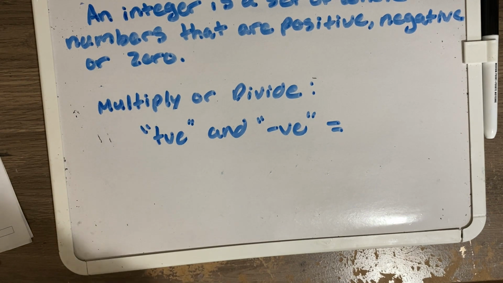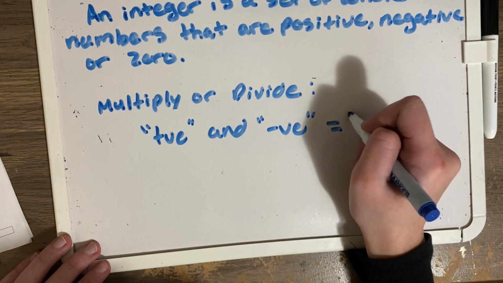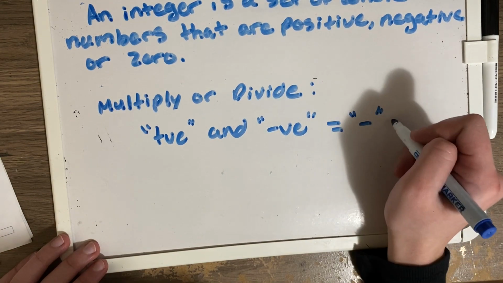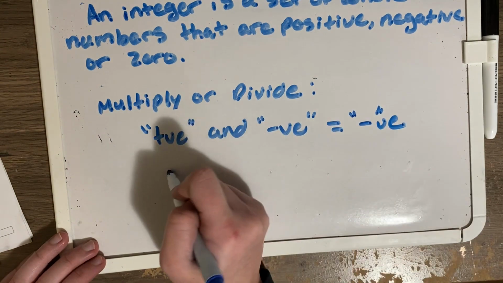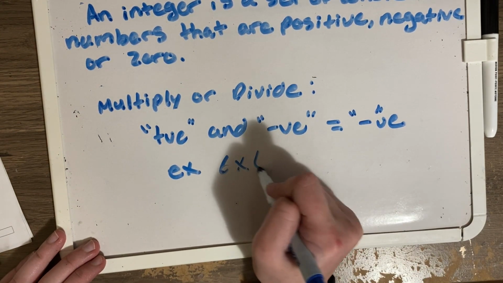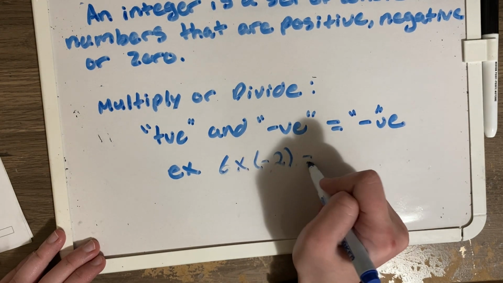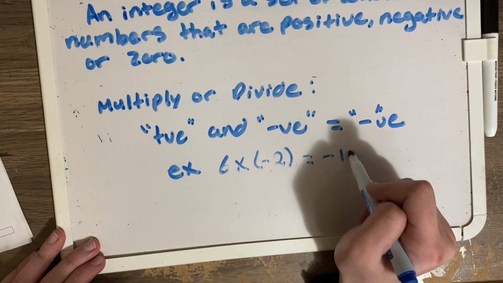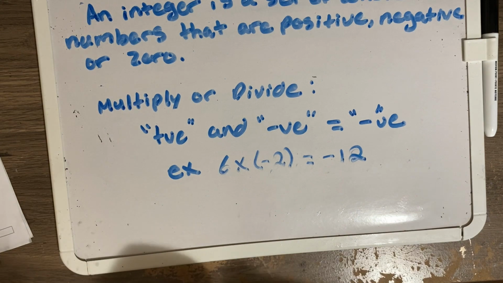When multiplying or dividing, it doesn't matter. If there's one positive and one negative, the answer is automatically going to be negative. For example, 6 times negative 2 is going to equal negative 12.